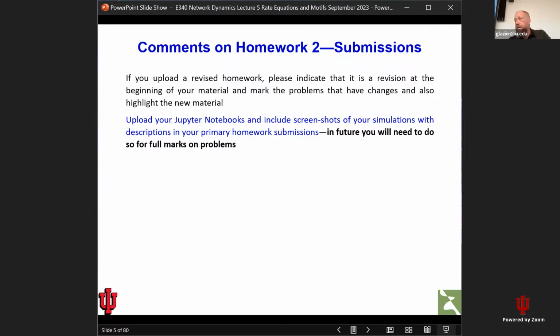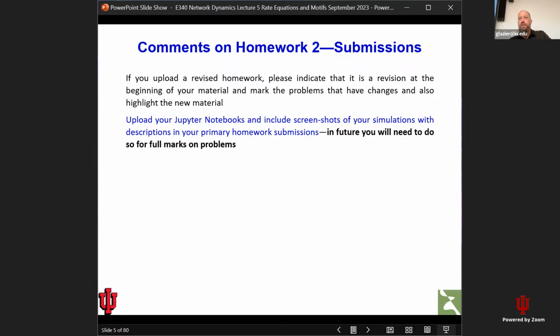But if you're going to do that, please do one, mark the assignment as revised, and also let me know. So send me an email that you submitted a revised one, because Canvas doesn't always tell me when there's an uploaded new assignment. And two, within the homework, if it's long, please do mark, problems 1 and 4 are the way they were, but problems 3 and 5 are new.